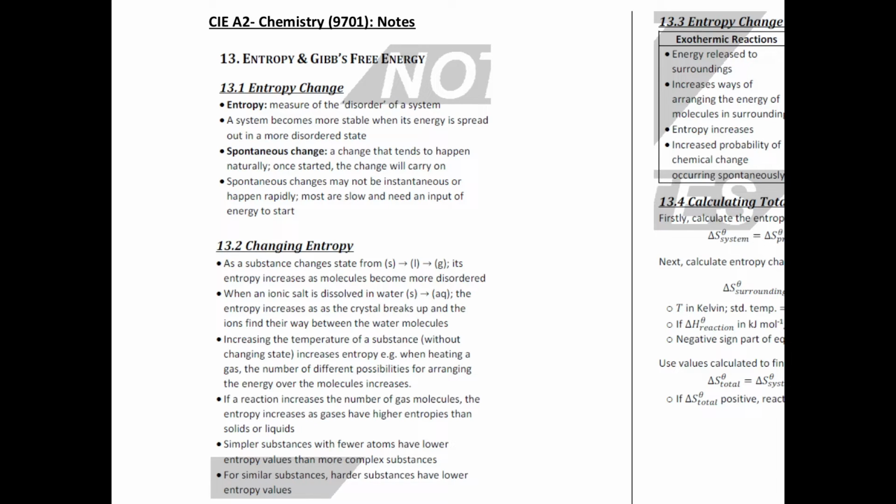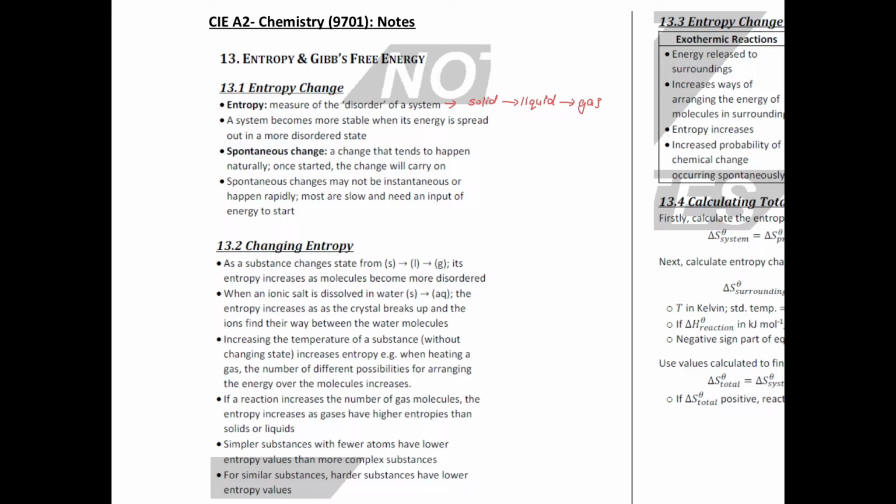Disorder of a system. First, what is a system? A system is solid, liquid, gas. This is the example of a system. Solid changing to liquid is called melting, and when they become liquid, you heat up the liquid, then it boils and becomes gas.